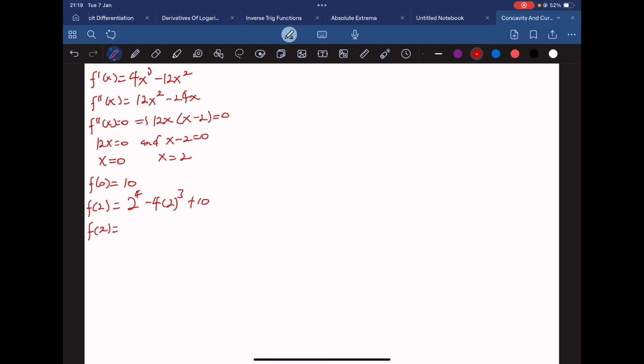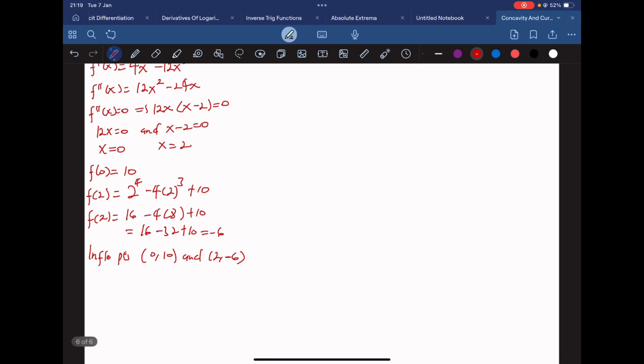So this is 16 minus 4 times 8 plus 10. This is 16 minus 32 plus 10. So that will give you just negative 6. So we have inflection points (0, 10) and (2, -6).